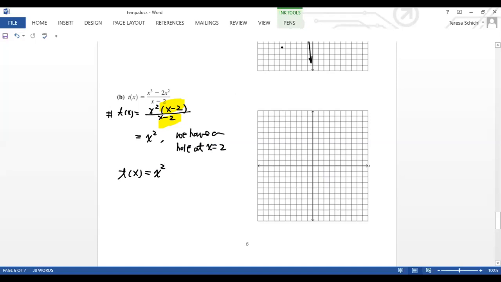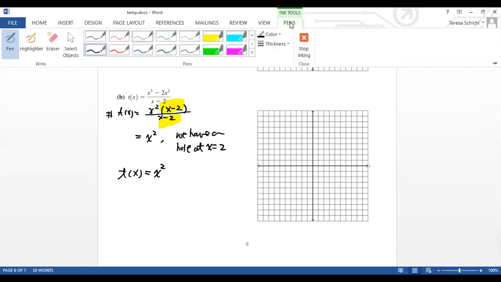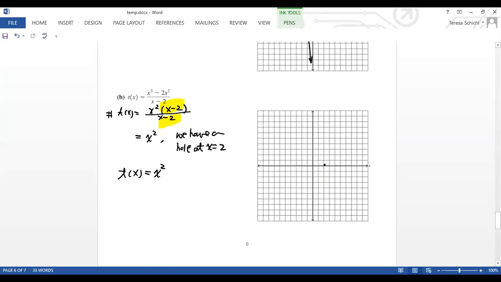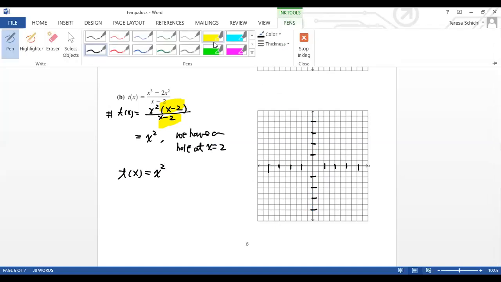All right, so let's take a look. What does this function look like? We have 1, 2, 3, 4 on each axis. By now you should be very good at graphing the parent functions, right?